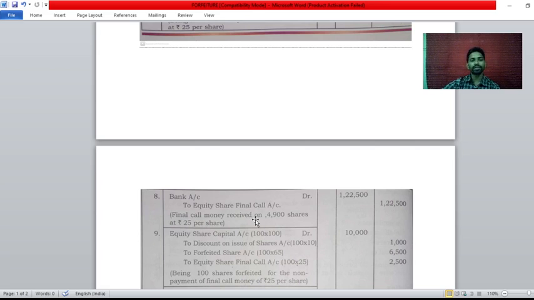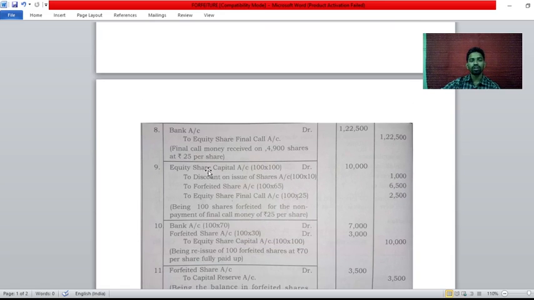Now related to the forfeiture of the shares. Equity share capital account debit 100 shares into rupees 100, it's 10,000, to discount on issue of shares account 100 into 10, it's 1,000, to forfeited shares account 100 into 65, it's 6,500, to equity share final call account 100 into 25, it's 2,500.